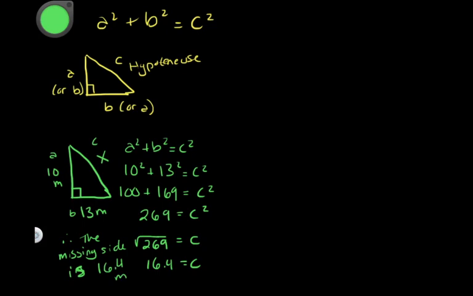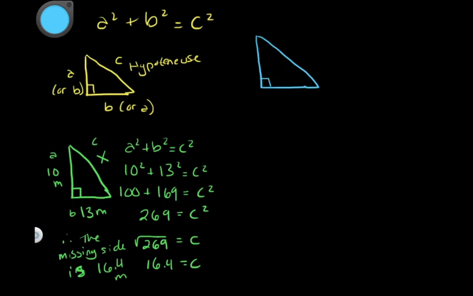Now let's do another example where we don't have one of the legs. I'm going to change my color here and we'll do this over to the side. Keep all of our examples on the same page here. So in the next triangle, let's draw out the triangle. There's our right angle.